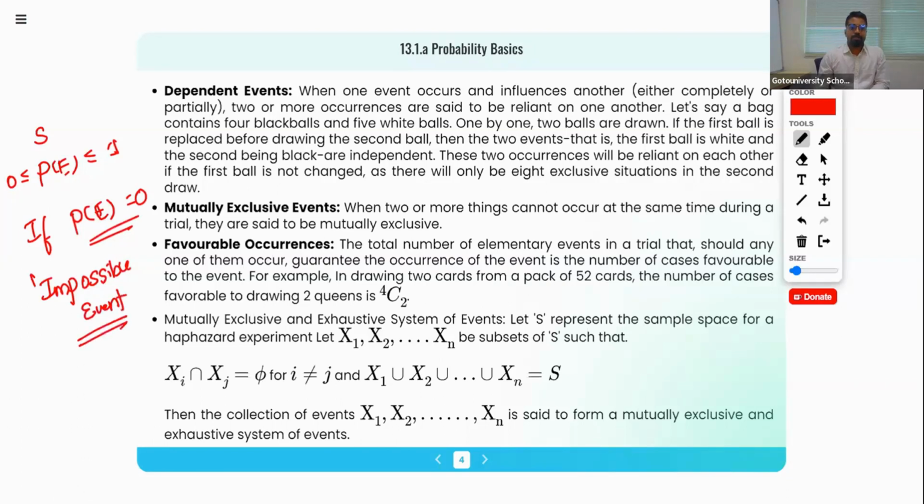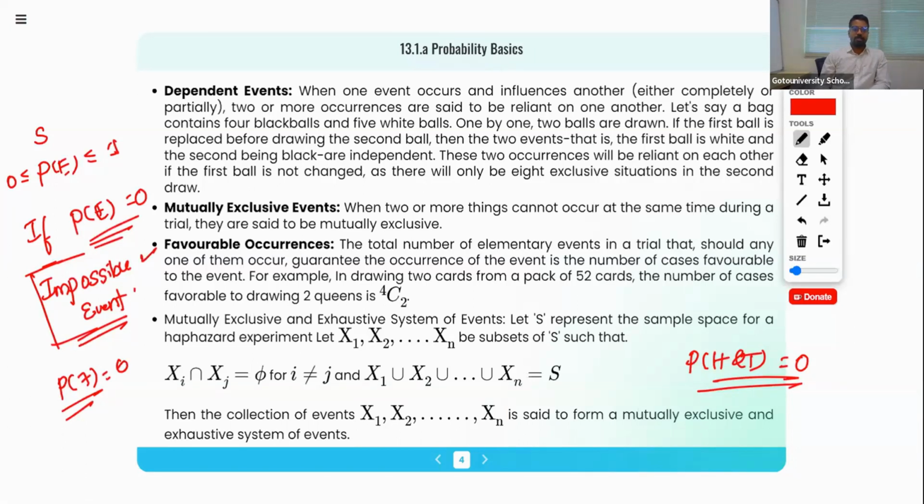You cannot say nothing is impossible; there are many impossible things in this world. When you throw a die, can you get 7? Obviously impossible, that's an impossible event. When you toss a coin, can you get both head and tail together? No, that is an impossible event. Can you score 150 out of 100 marks? Impossible, right? So let's not be philosophical and say everything is possible.